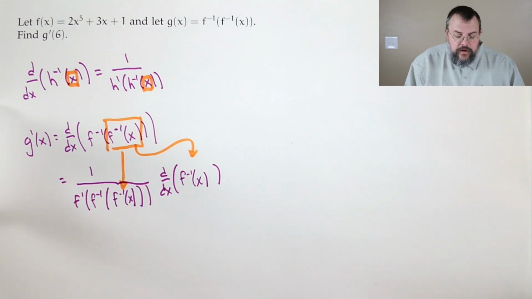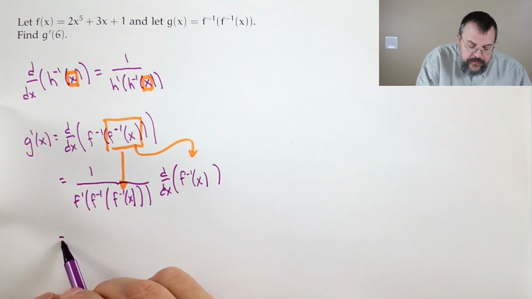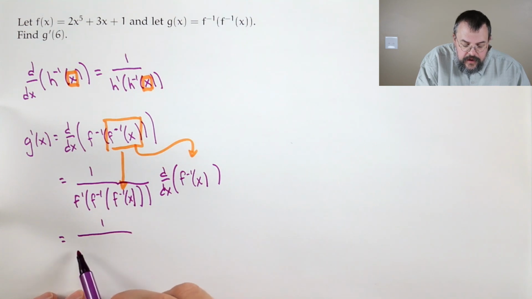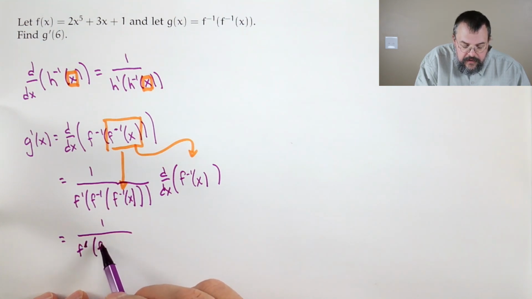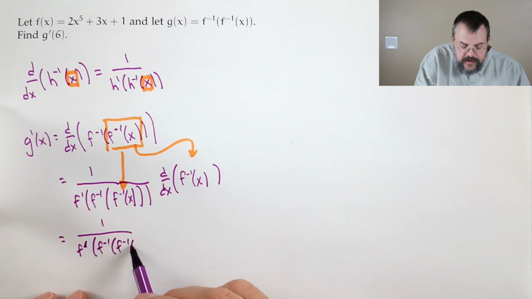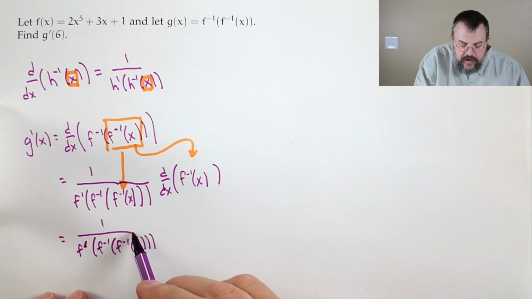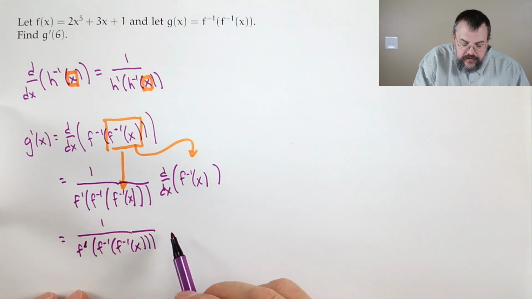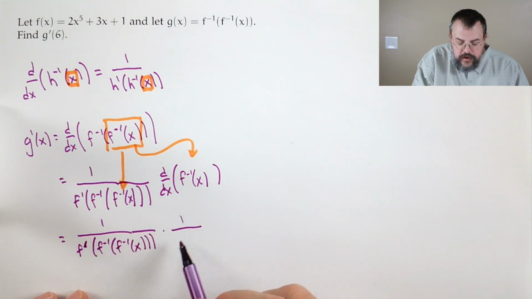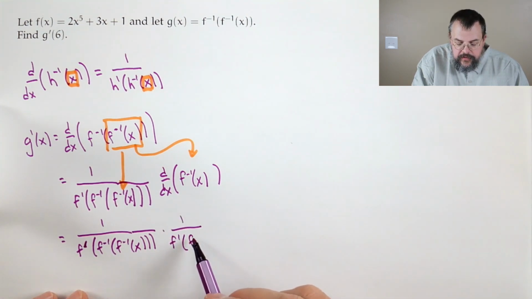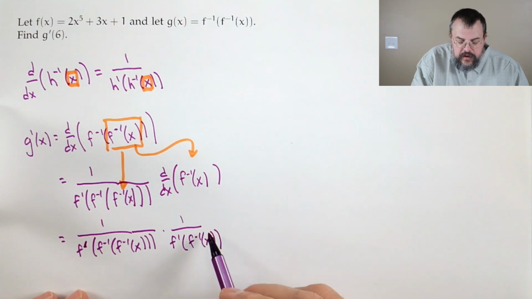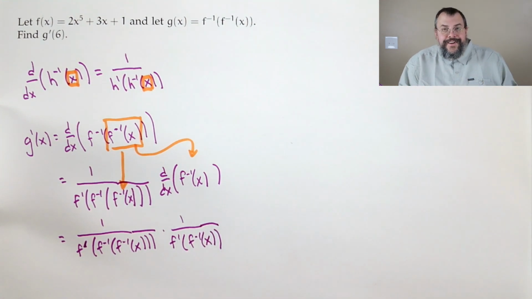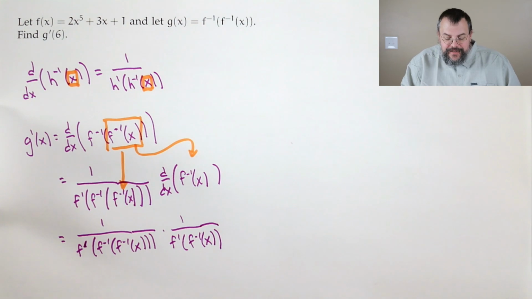Okay, so one more round. So this is 1 over f prime, whoops, that's prime, of f inverse of x times, now the derivative of f inverse of x is 1 over f prime of f inverse of x. Okay, and good. Now we've taken the derivative.